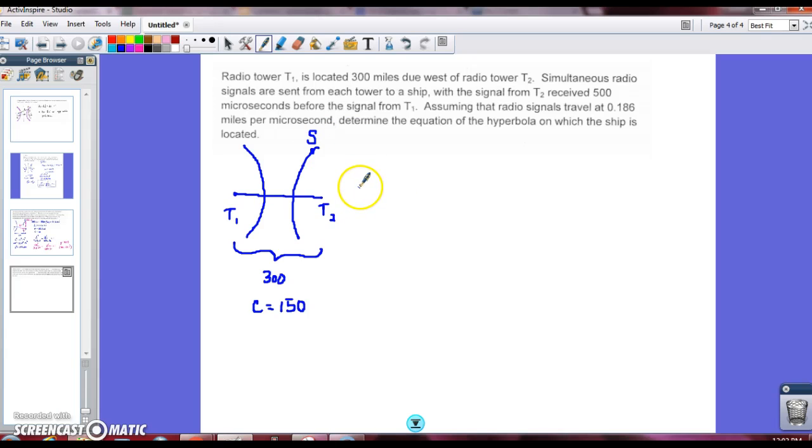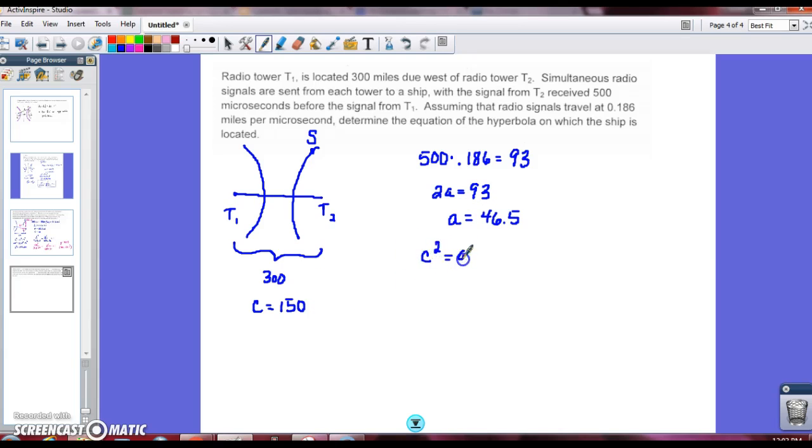Let's see, 500 microseconds before the signal from T1. Again, I'm finding 2A, so I'm doing 500 times 0.186. That gives me 93. Okay, so 2A is 93, which means that A is going to be half of that, or 46.5. We know what C is.